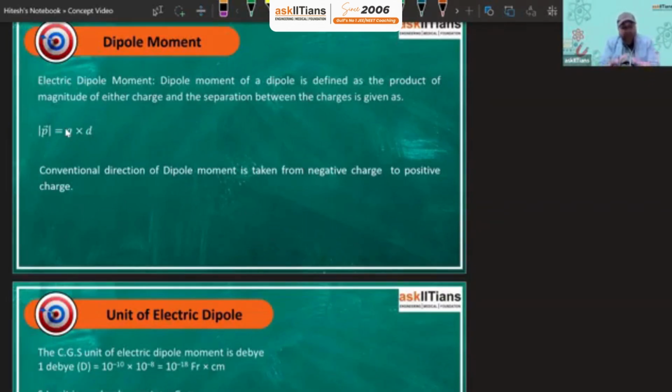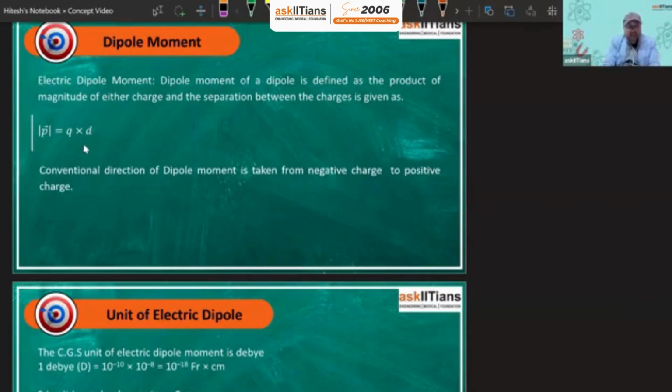In this electric dipole system we have only these two things: one of the charges and a separation. So we multiply that, and that gives us the information about the electric dipole as a system. This physical quantity represents that, q into d.